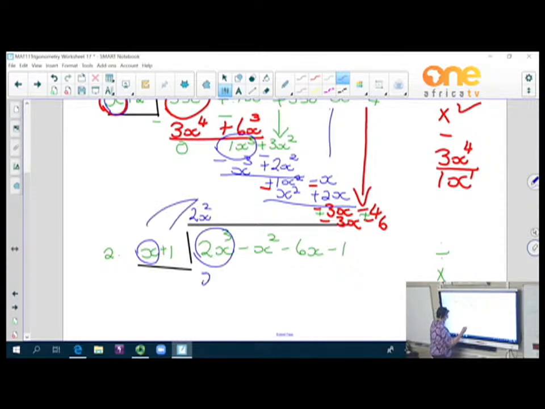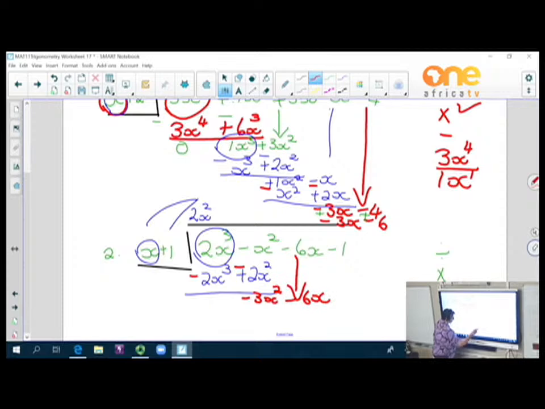Multiply with each one, then you have 2x to the power of 3 plus 2x squared. Subtract, so we change the second signs, and add, which makes this one now here negative 3x squared. Bring down this one, minus 6.